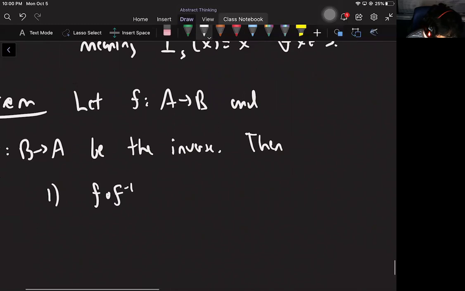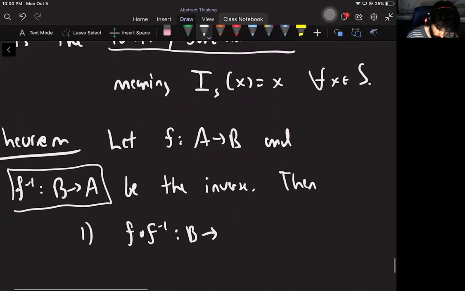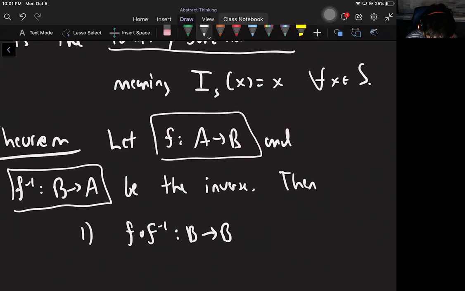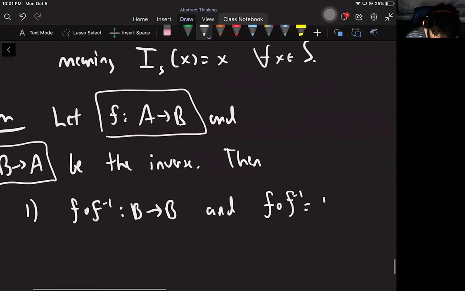Well, this starts from B, because f inverse starts at B. Then it goes to A, and then f goes back to B. More importantly, that composition is exactly equal to doing nothing on the set B.